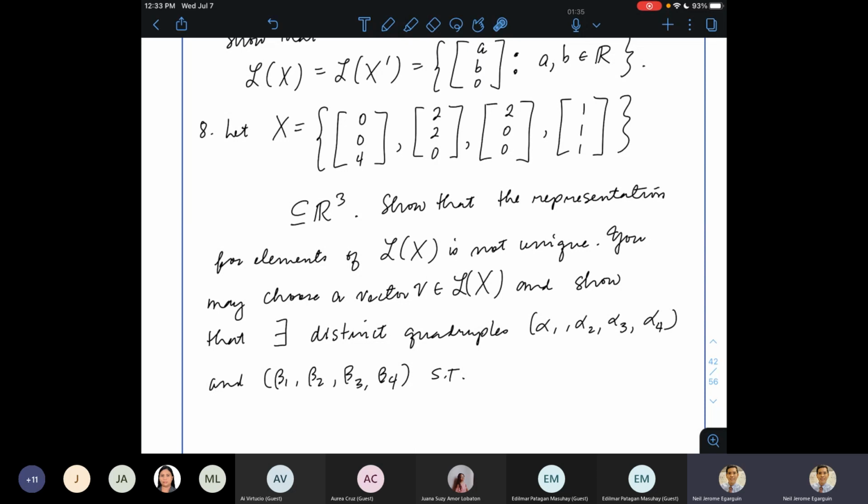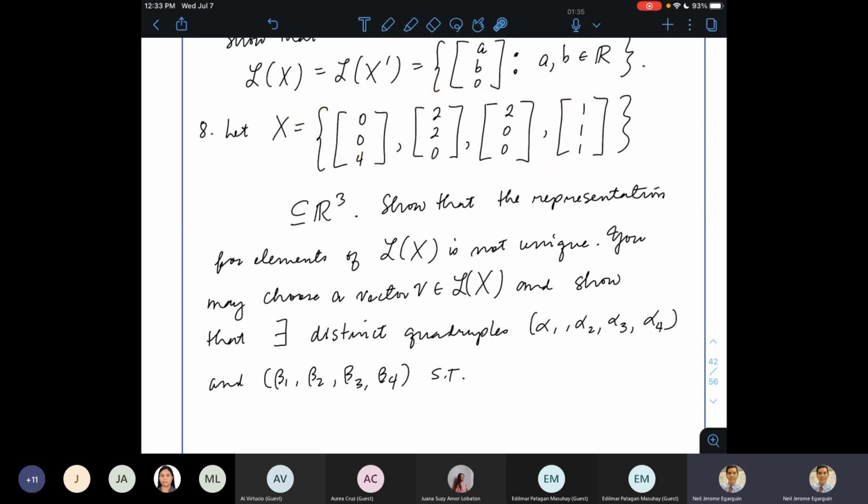You can be as creative as possible, or you can use a solver to do this. But yeah, pakita nyo lang na hindi unique yung pag-express sa isang element as a linear combination, at least for this kind of bracket X.